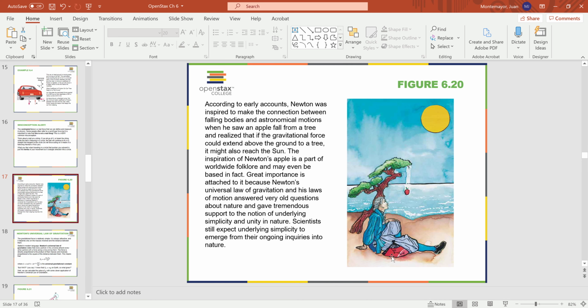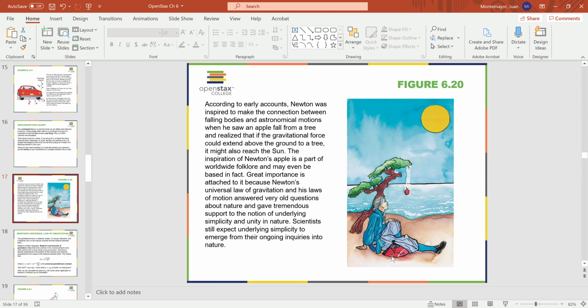According to early accounts, Newton was inspired to make the connection between falling bodies and astronomical motions when he saw the apple fall from the tree and realized that if the gravitational force could extend above the ground to a tree, it might also reach the sun. This inspiration of Newton's apple is a part of worldwide folklore and may even be based in fact.